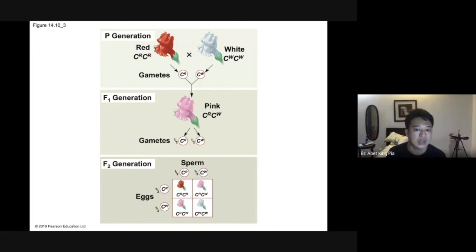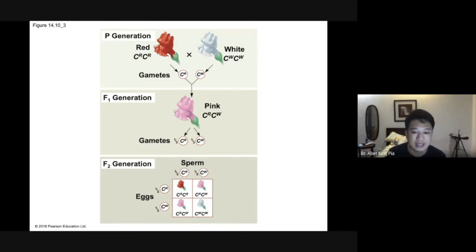1:2:1. Yun lang, unlike sa codominance, diba pag recessive yung gene, ang phenotype would be 3:1. Dito, lalabas si pink, which gives us the same ratio with the genotype. 1:2:1.